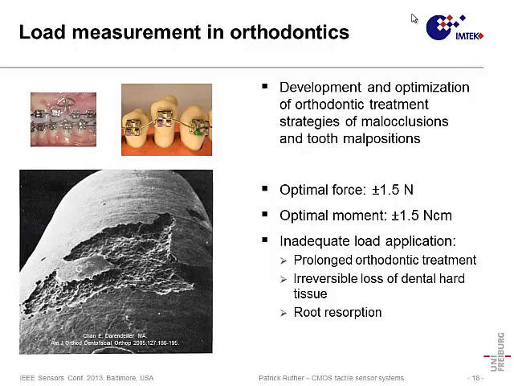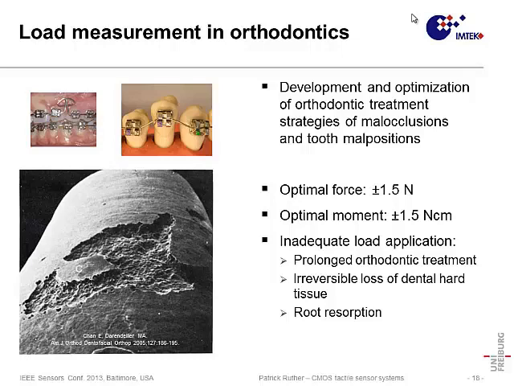Why should we need a training system? If we look at the typical forces that have to be applied so that you see an effect of these brackets, we need forces around plus minus 1.5 newtons, and we need a moment applied to the tooth of 1.5 newton centimeters to deal with malocclusions and tooth malpositions.